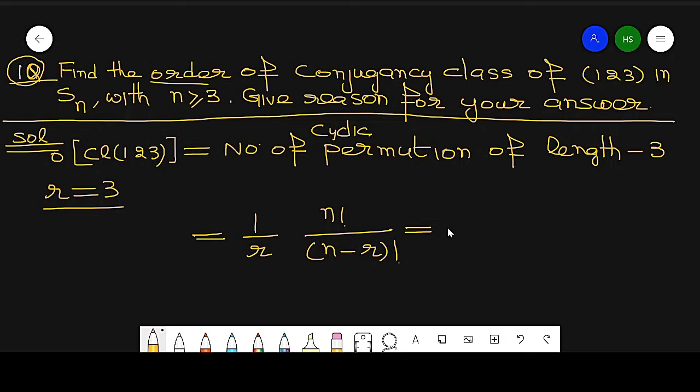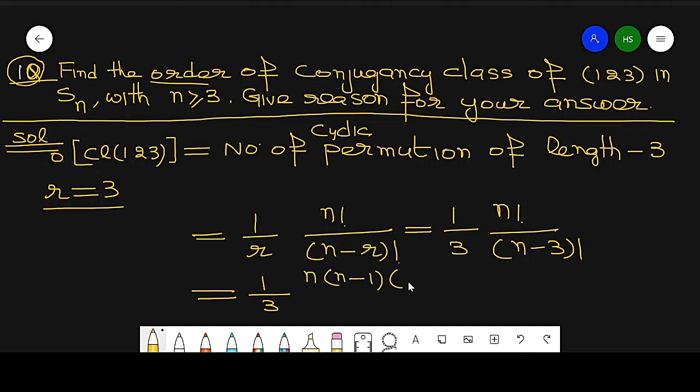So this can be written as 1 by 3 into n factorial over (n minus 3) factorial, which is 1 by 3 into n(n minus 1)(n minus 2)(n minus 3) factorial over (n minus 3) factorial.